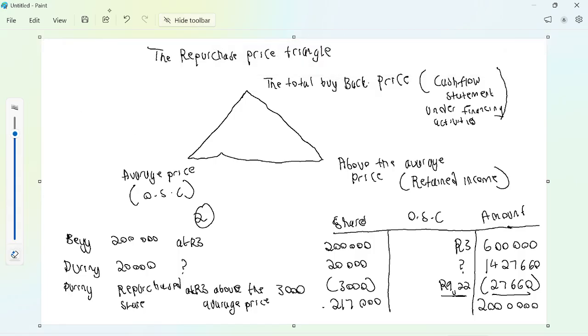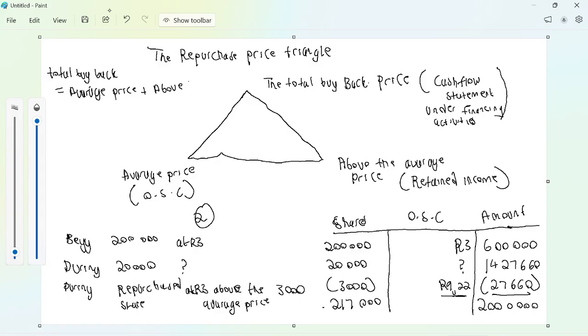The cash flow statement is going to be like this, guys. Under financing activities, my total buyback is equal to the average price plus the above-average amount. So in this case, my average price is 9,22, plus my above price, the rand. So my total buyback is going to be 12,22.